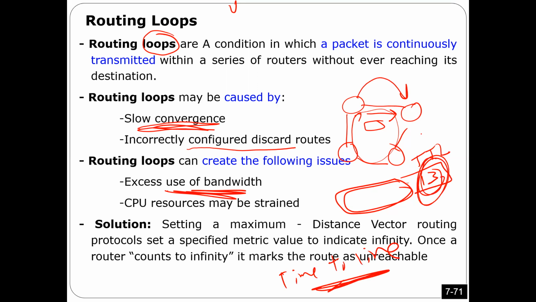Again, let me summarize what I said. Sometimes one packet is circulating because of routing problems, going between the routers for a very long time. Again, this is because of slow convergence, because of problems in the router. That's why we put a limit. Usually in the packets, we put a limit. For sure, the problem here is you consume a lot of resources, right?